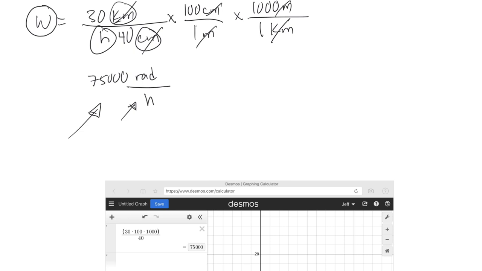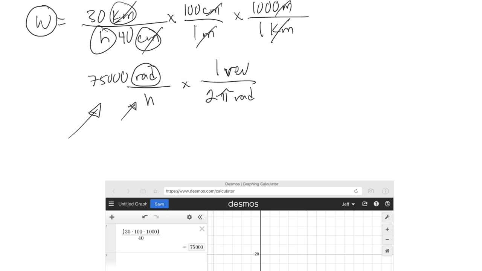They could ask what it is in degrees per second, but degrees doesn't make a whole lot of sense. Radian's not a unit that's really common for people to understand, so I would probably convert it to revolutions. So I know that there are 2 pi radians in 1 revolution.